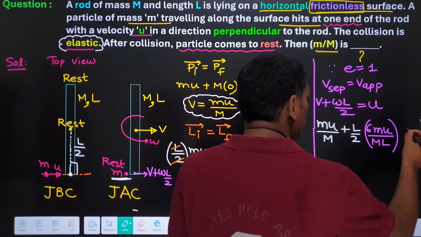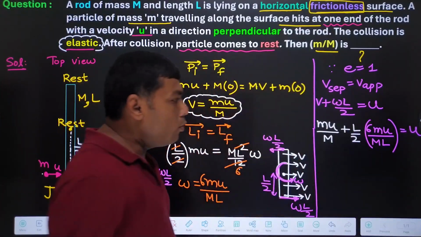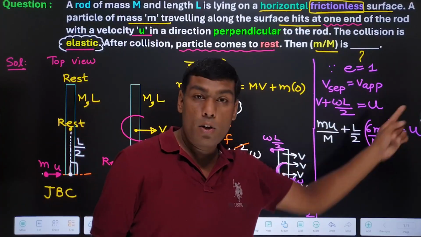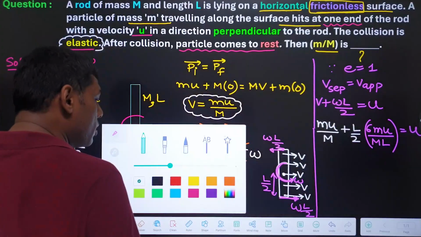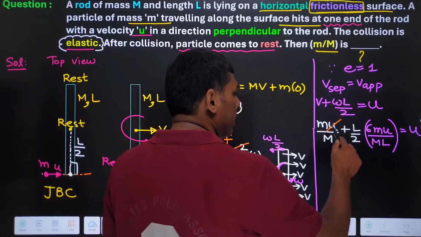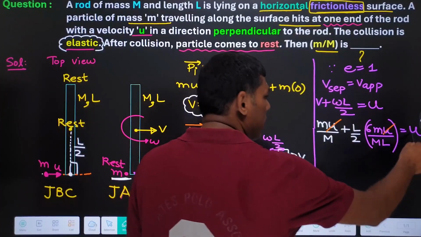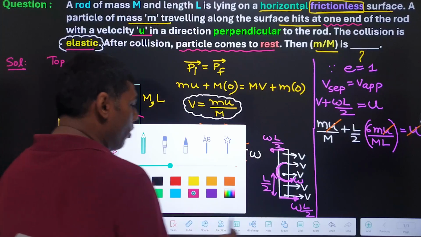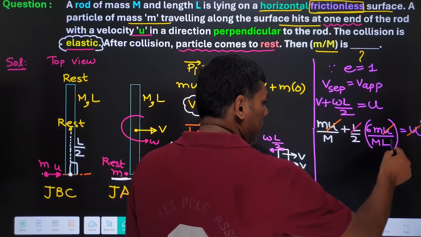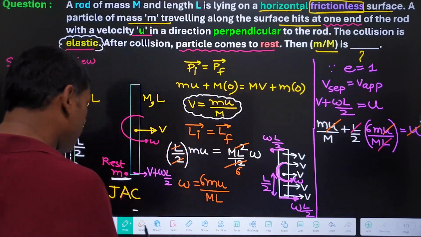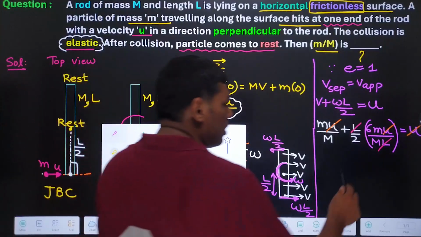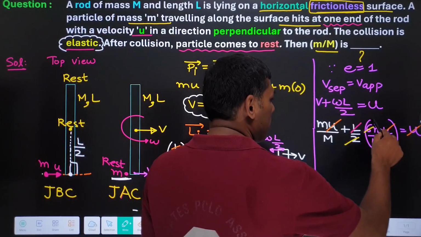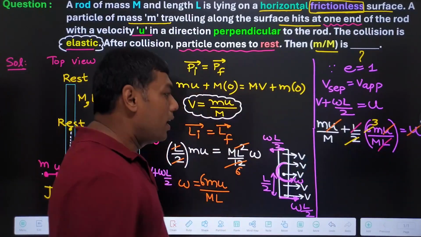Is equal to u. Now we can see u is present in numerator in all the terms, so we are going to cancel out that u and u. Now we can cancel one L also here, L is present here, L is present here. Next calculation, this 2 and this 6 we can write here 3.